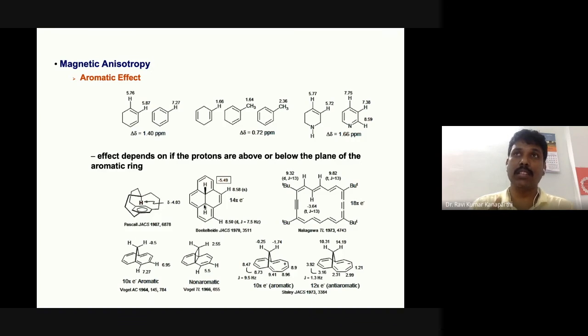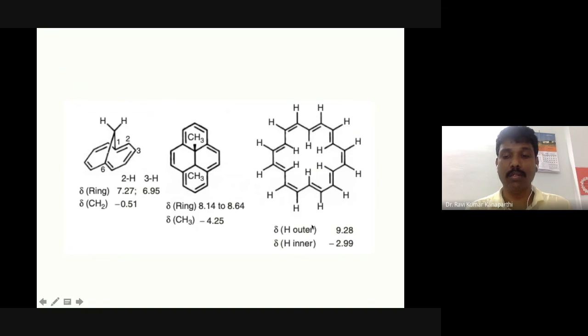These protons are above and below the plane of the aromatic system. Therefore, you can observe negative chemical shift values, which means highly shielded. You can encounter this type of complex, extended conjugated molecule.